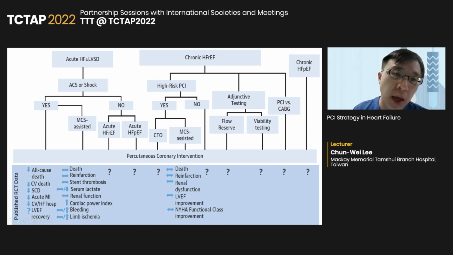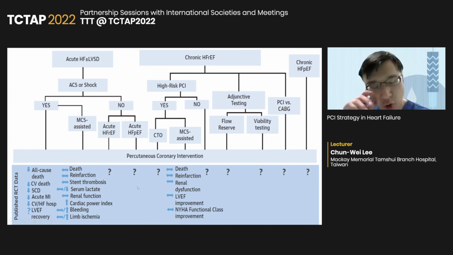And with mechanical circulatory support during PCI, there is no RCT evidence showing improved outcomes, but this is still very controversial. And you could see a lot of question marks, which means that in other conditions of heart failure encountering PCI, we lack RCT data.